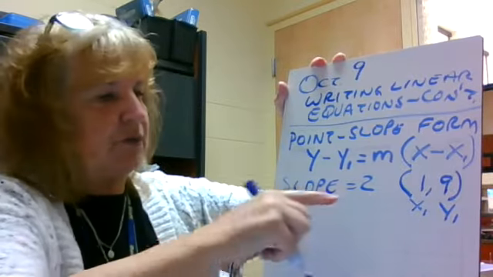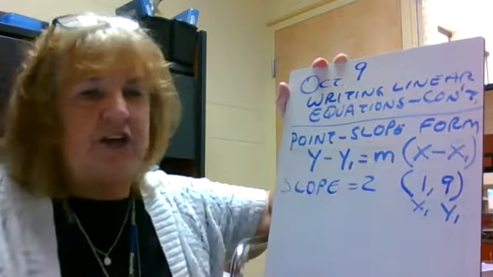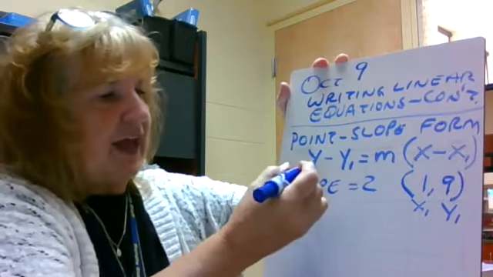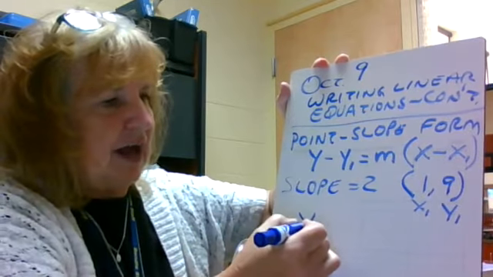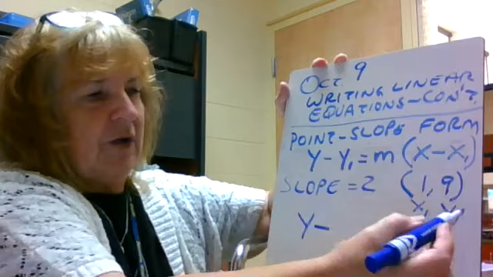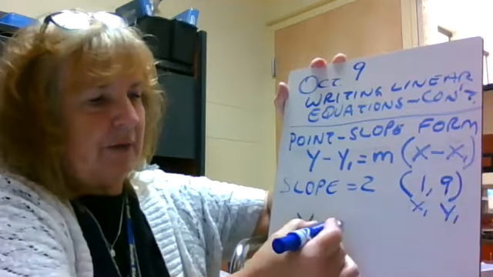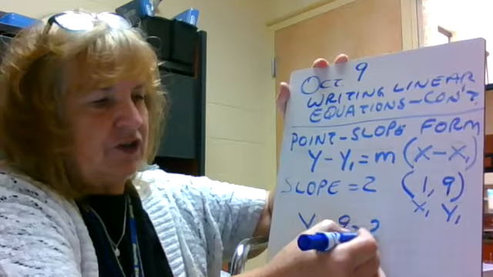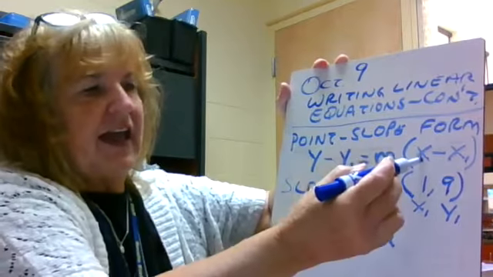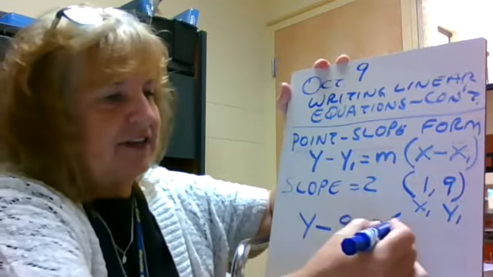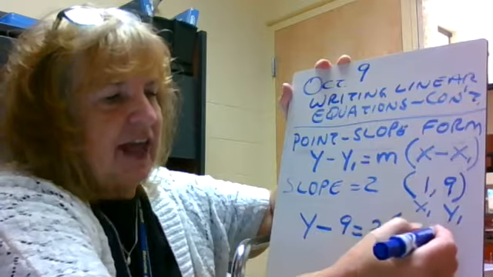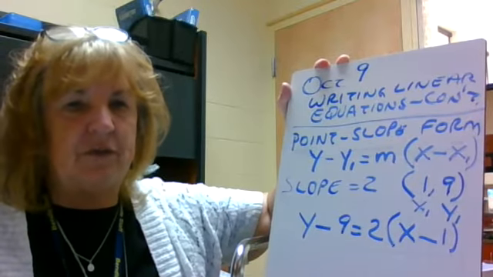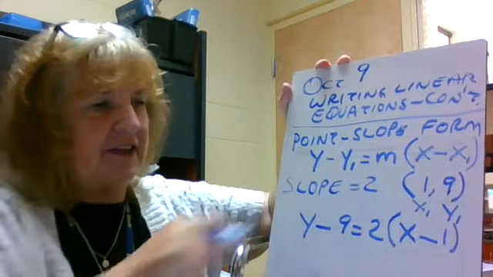So all we're going to do is plug these two pieces of information into that equation, and we have the point slope form. So again, you don't put anything in place of the y. In place of y1, we put the y1 from our point. Then you put the slope in, which is 2. Again, nothing gets put in place of the x, but in place of the x1, you put that. That is point slope form of this information.